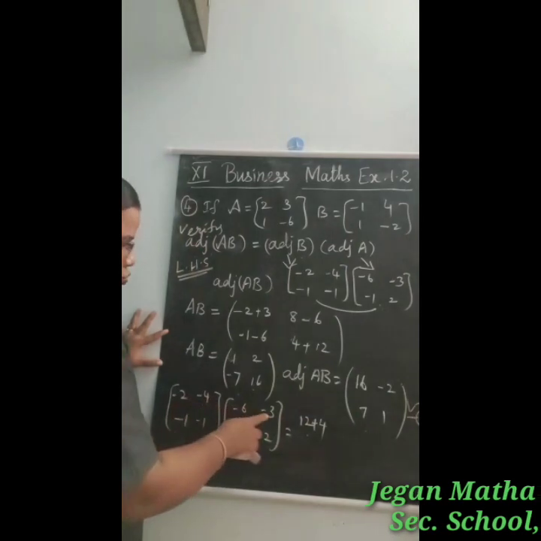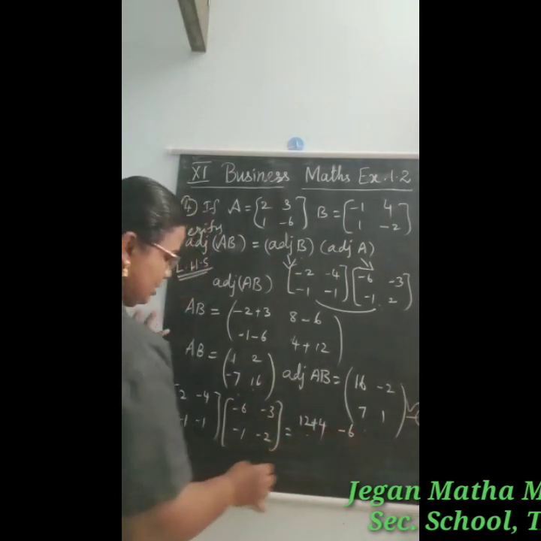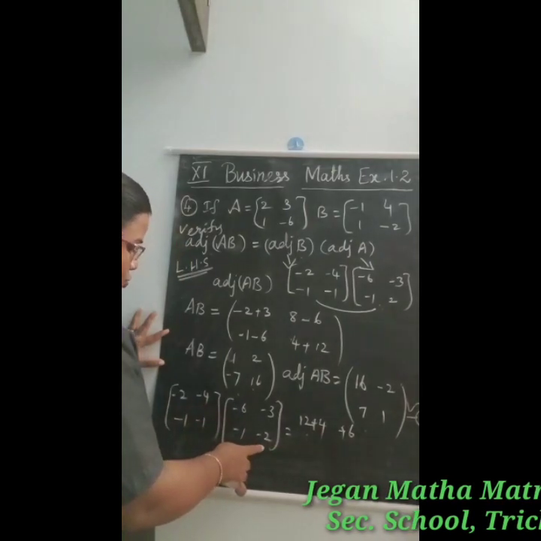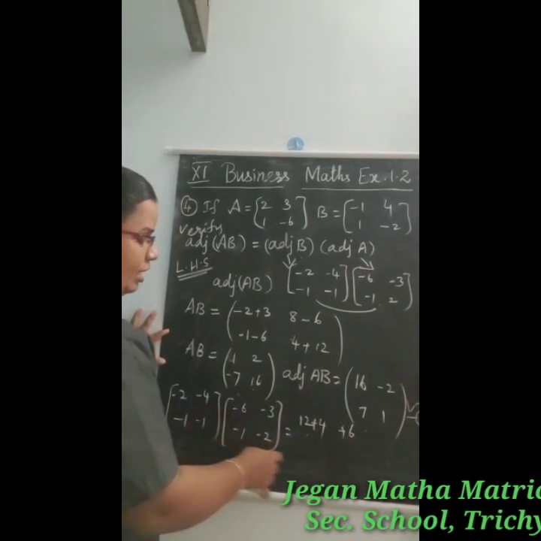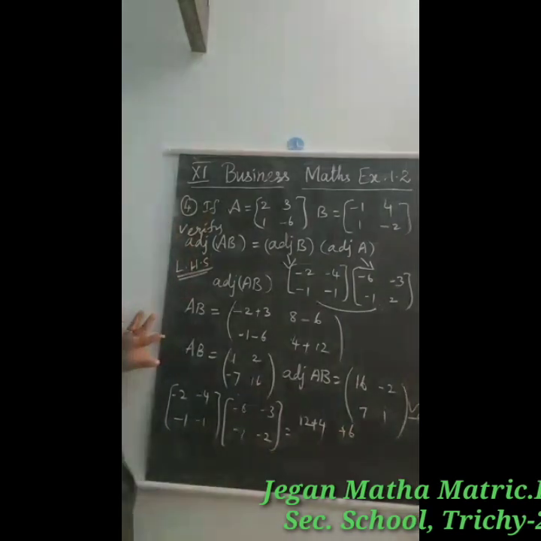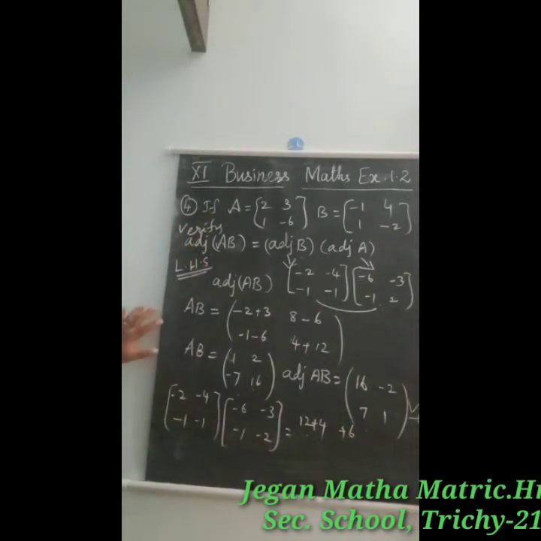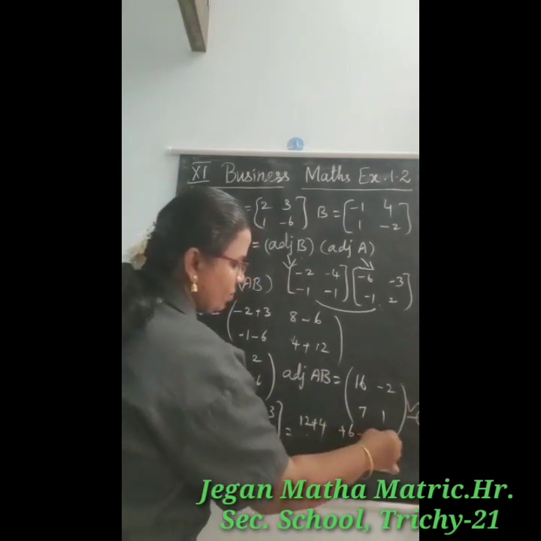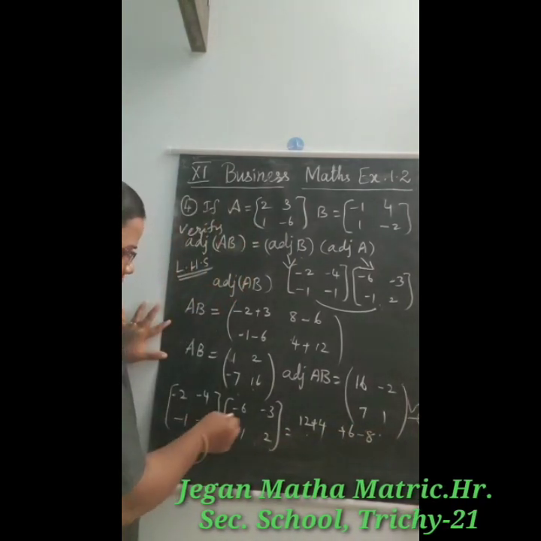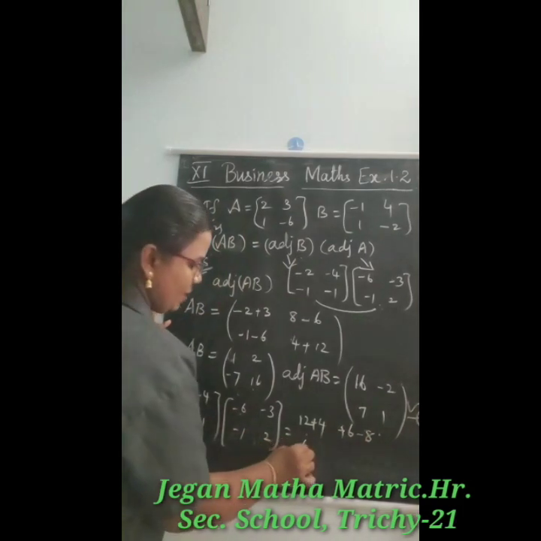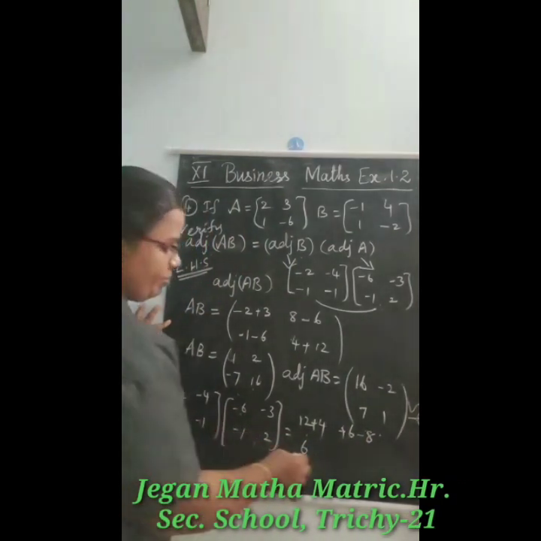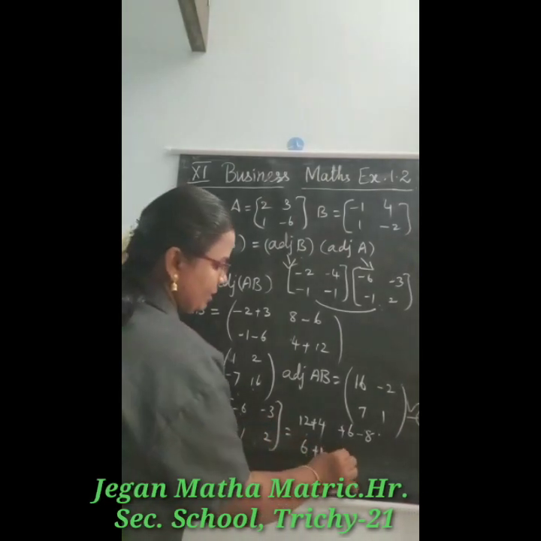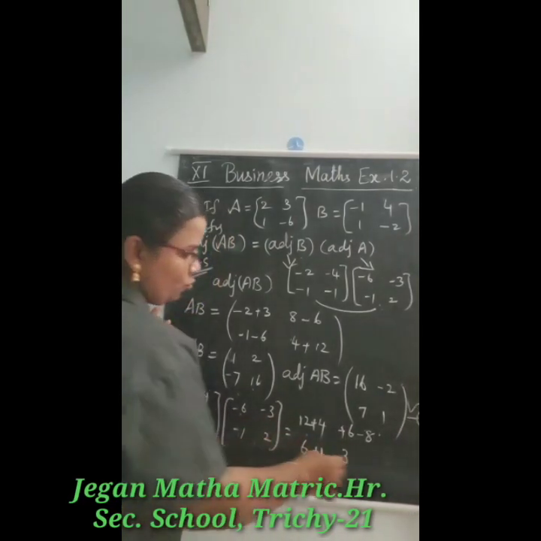And minus 2 minus 3 minus 6, sorry, plus 6, minus 4 plus 2 minus 2, 4 twos are 8. So here only 2, not minus 2, plus 2 only. So minus 8. And then minus 1 minus 6, 6. And minus 1 plus 1. Here minus 1 minus 3 plus 3 and minus 1 minus 2 minus 2.